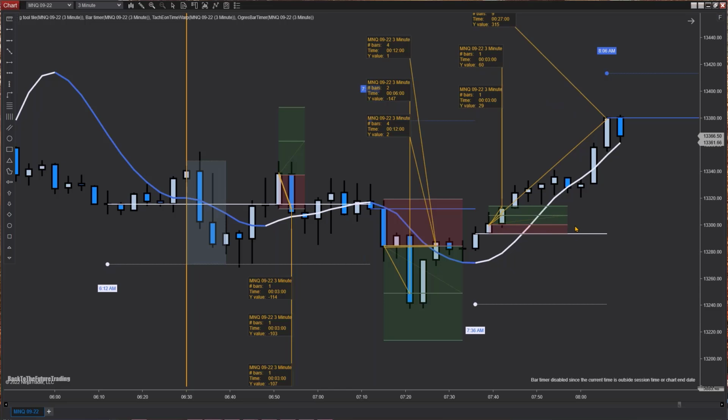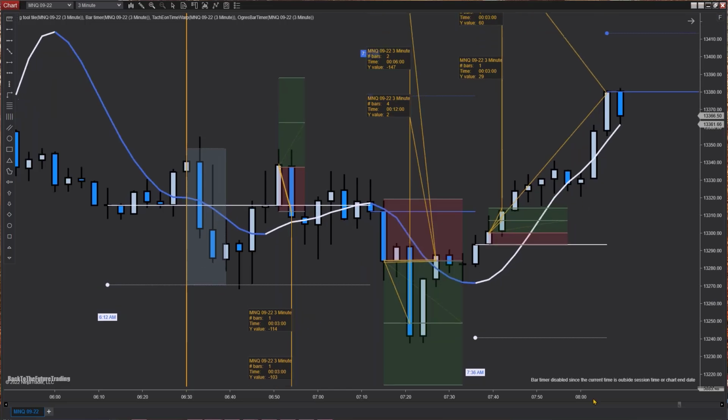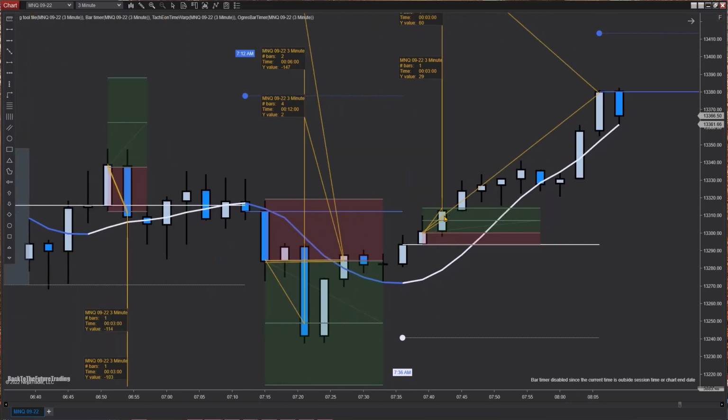If you're in doubt after that first target is hit, wait for this candle to close before you move your stop to break even, because this candle can come up and down. If somehow this candle went up to here and you had an auto ATM and it dragged your stop, anyway, I can explain more in private mentor stuff, but just wait for that candle to close before you move to break even.